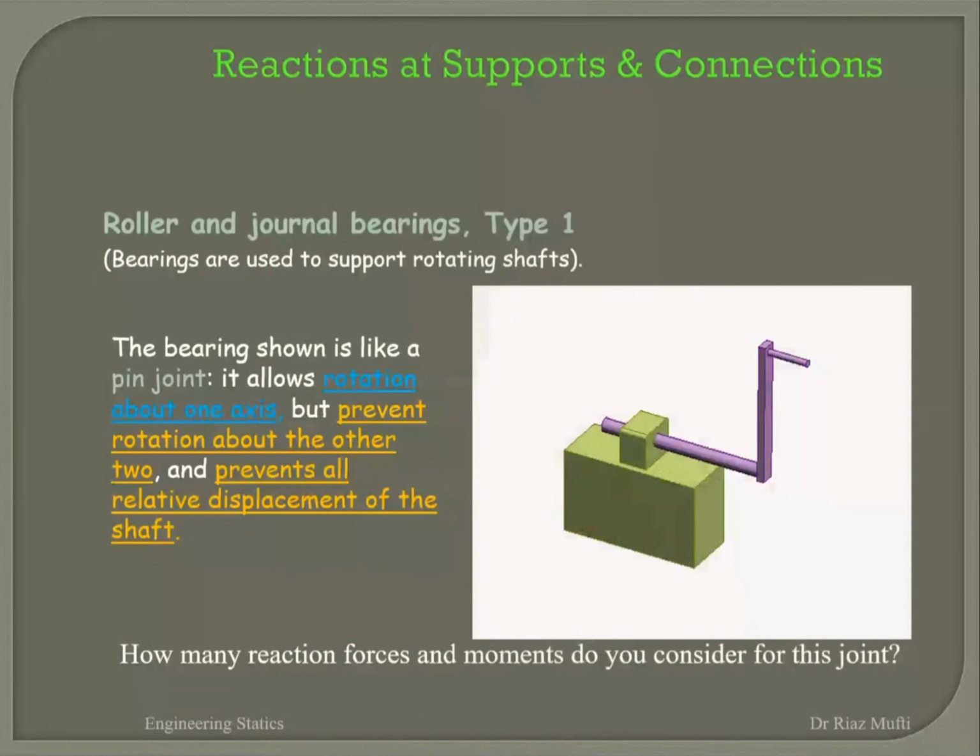So look at this one. It's a bearing. So it allows rotation about one axis only and does not allow rotation on the other two axes. So I will have two reactive moments and it prevents all relative displacement of the shaft.